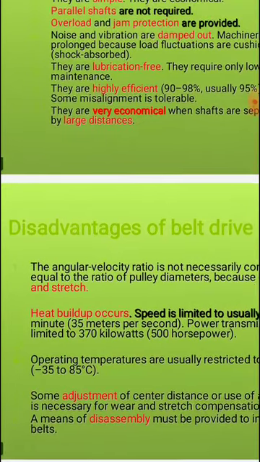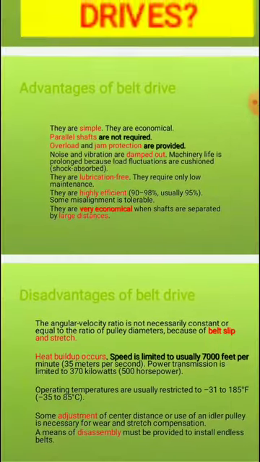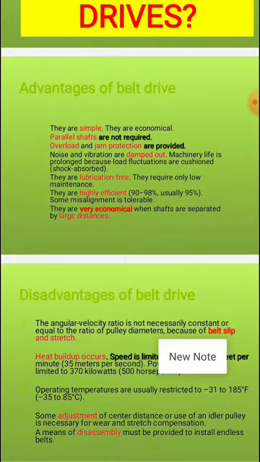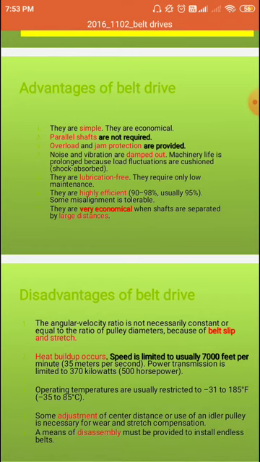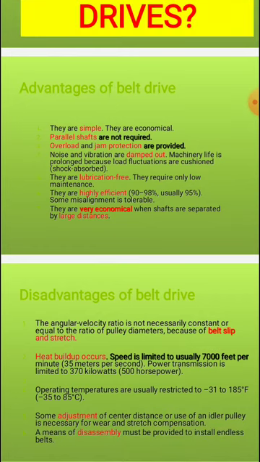What are the disadvantages? The angular velocity ratio is not necessarily constant or equal to the ratio of the pulley diameters because of belt slip and stretch. Belt slip may occur. Heat buildup occurs due to the constant movement.